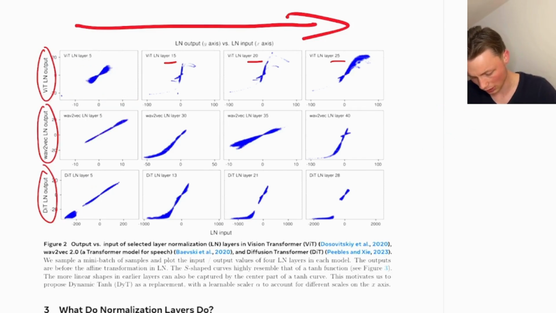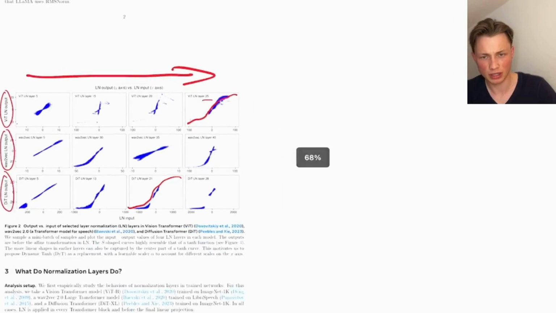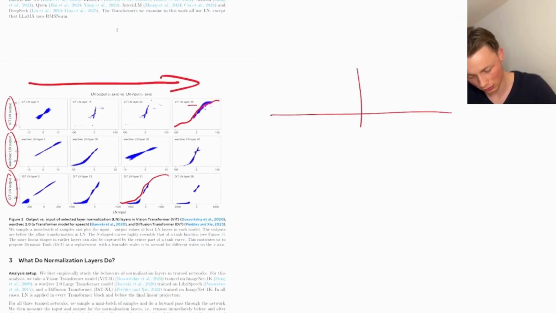If we look now at the second column, we see it's changed, and it gets more and more a tanh-like function. We can see it here directly at the end and also here. So what is a tanh-like function? It looks like this. It goes from +1 to -1.